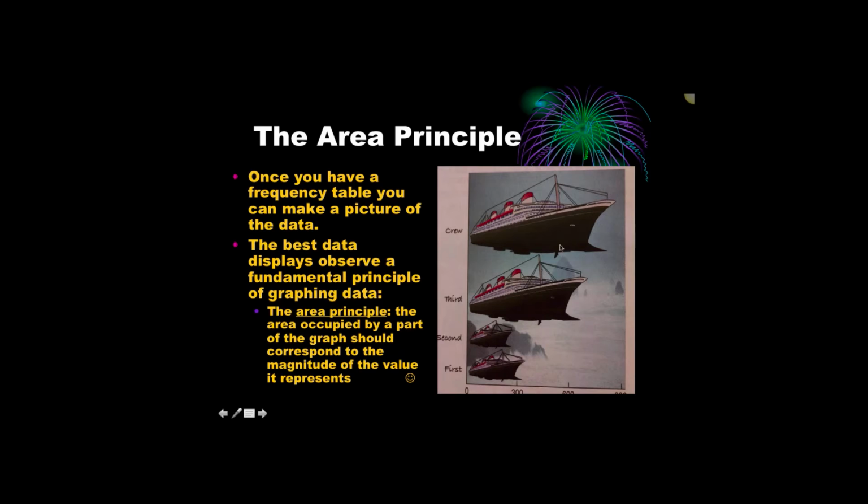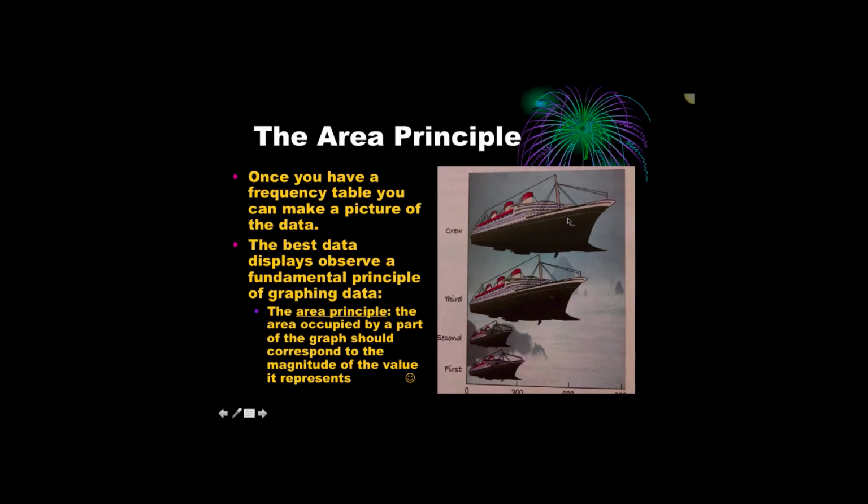If you look at the picture on the right, this shows an example of a violation of the area principle. So this graph represents the number of passengers on the Titanic and what type of ticket they had. The numbers on the bottom should be 0, 300, 600, and 900. So if we look, the crew makes up about 900 passengers. Those with second-class tickets make up about 300.